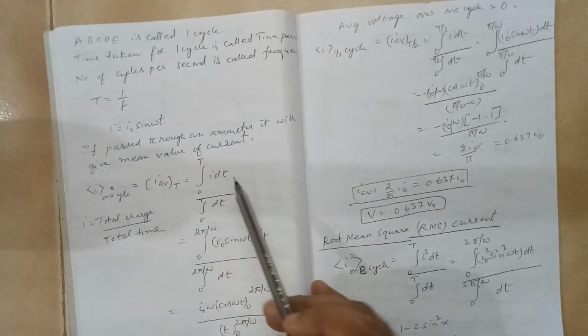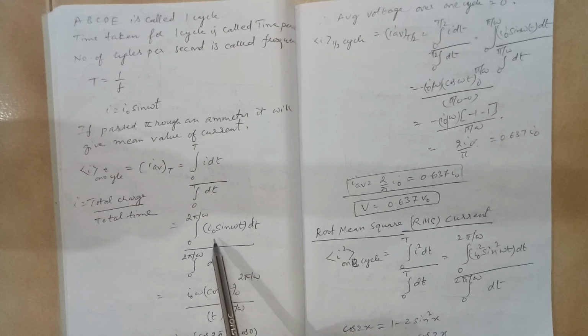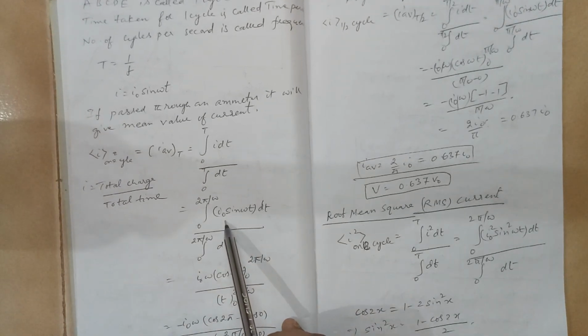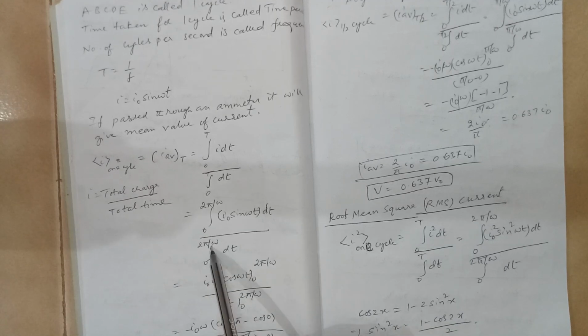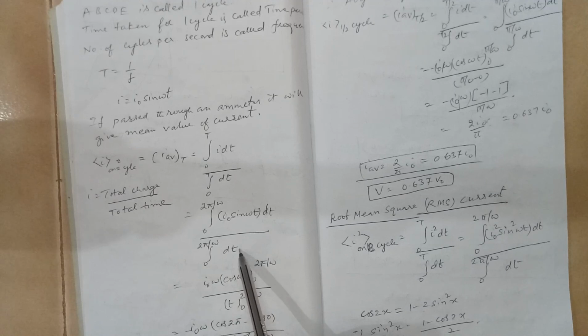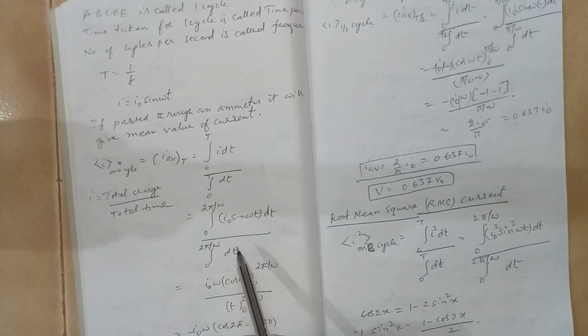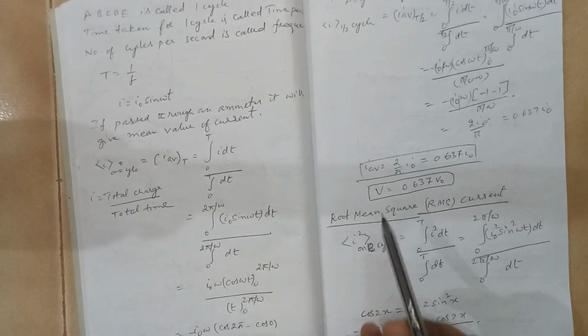So from 0 to T, 2 pi by omega, I value, I am taking a sinusoidal variation, I0 sin omega t into dt. In the denominator 0 to T, 2 pi by omega dt. This when you integrate you get T, and when you substitute the upper and lower boundaries you get 2 pi by omega in the denominator.